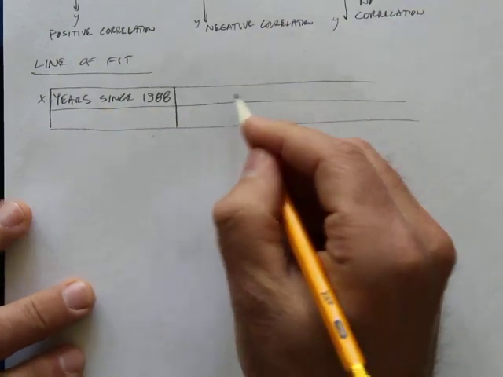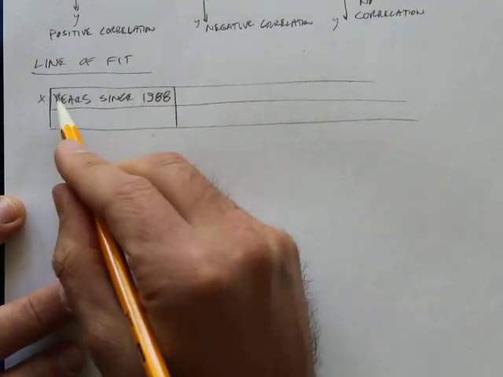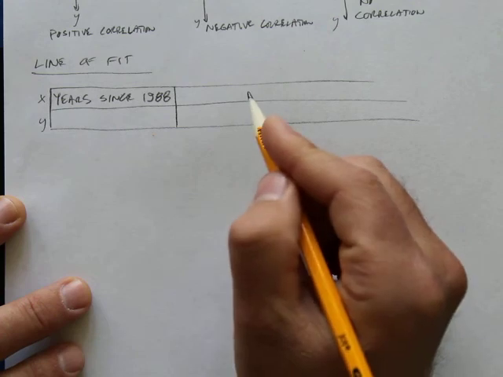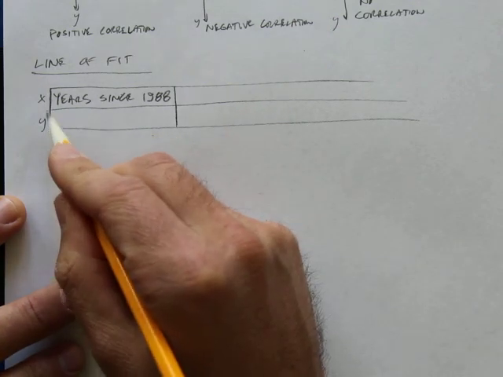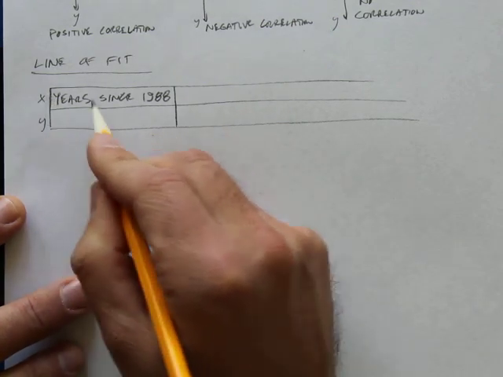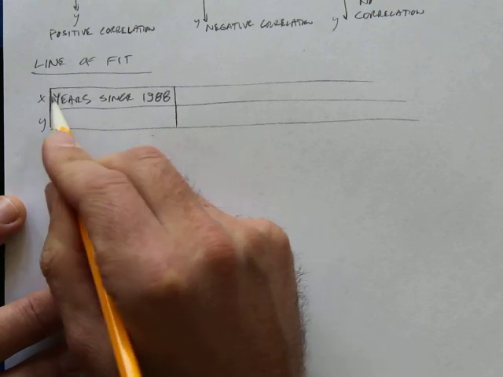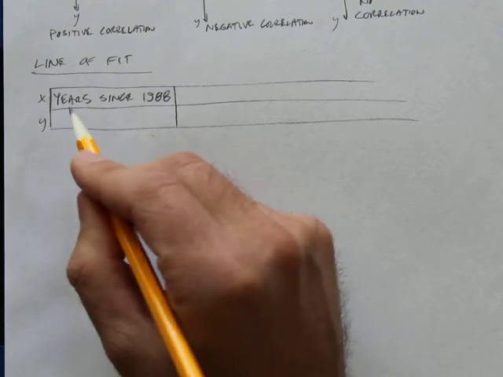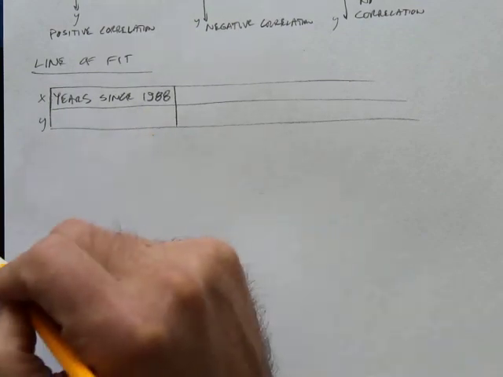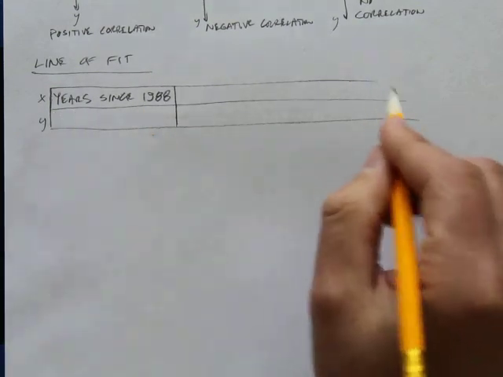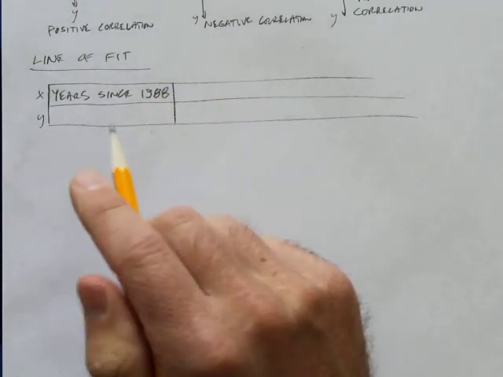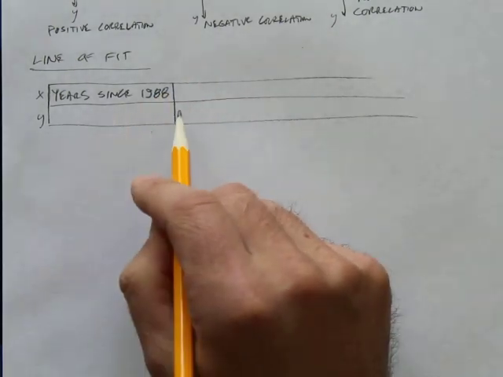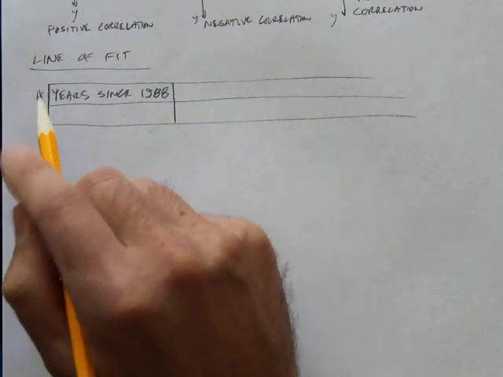Whenever you see a graph like this, usually the top one is x and the bottom one is y. Even though we talk about rise over run, y over x, the reason x is on the top is because that's the input and y is the output. So you've got to switch it if you're looking for the slope when you're all done. We're not looking for slope here, although we might in a little bit, but not right at first.